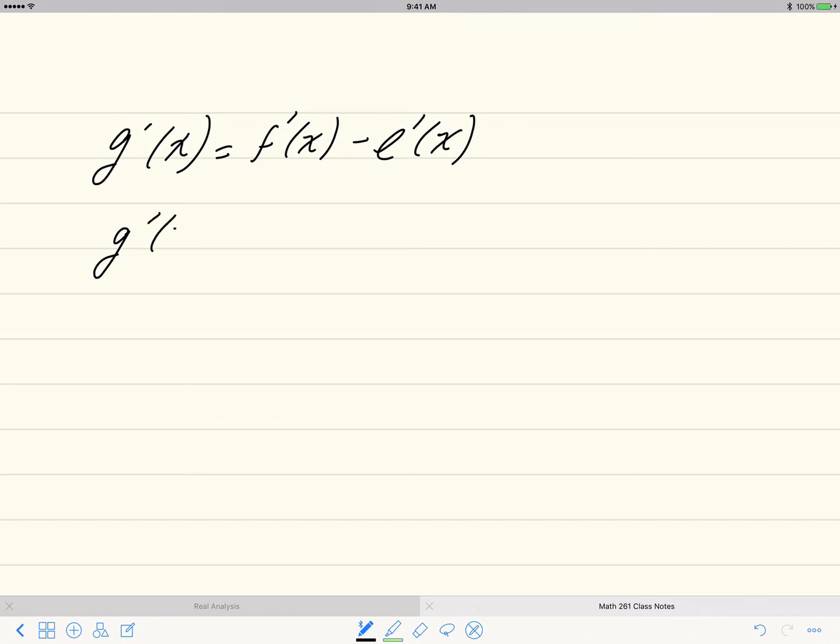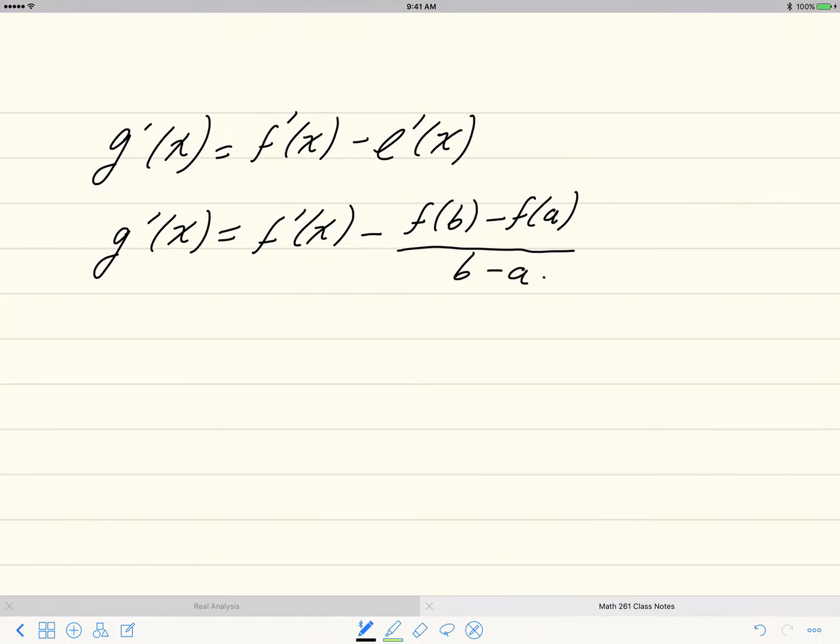So g prime of x is equal to f prime of x minus, now L is a linear function, so its derivative is the same as its slope. It's constant, doesn't depend on x, it's just a constant number.